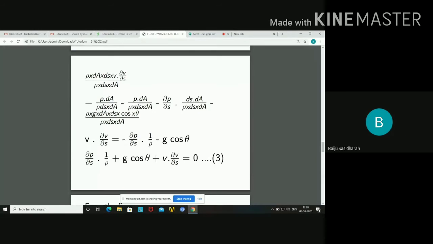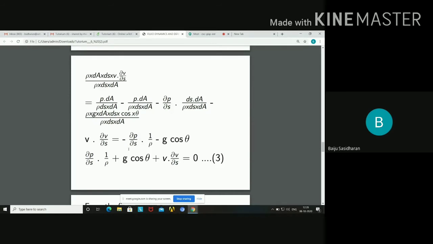Okay, and from here the rho dA ds term will get cancelled, and the remaining will be V into ∂V/∂S, which is equal to... and here the P dA terms will get cancelled. So the remaining is ∂P/∂S into 1 by rho, minus G cos theta.